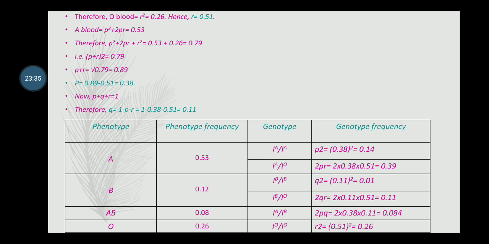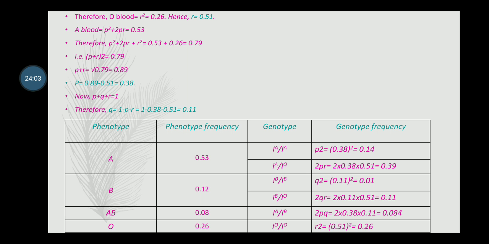In the same chart, IA-IA is equal to P square, therefore square the value of P. Square the value of Q, that is 0.11, that will be the genotypic frequency of IB-IB.